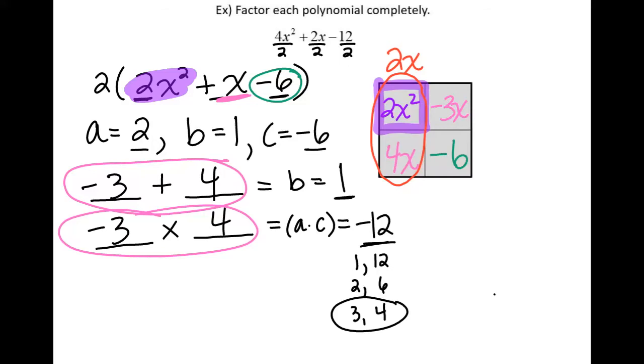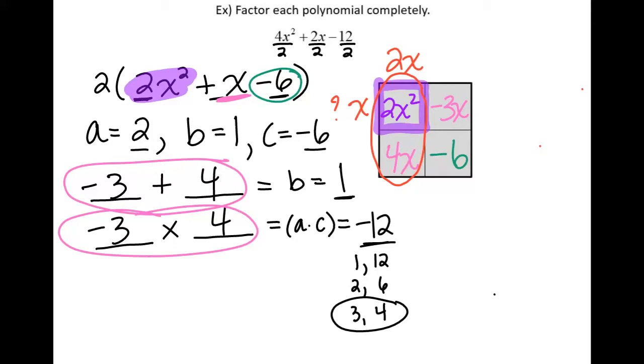Then I want to use the concept of area to figure out what would go on the other side. So a 2x times what would give you a 2x squared? Well, I already have a 2 and I have one of the x's. All I'm missing is that squared right there. So to get the squared, I need to multiply by an x. So now I know that 2x times x would give me 2x squared.